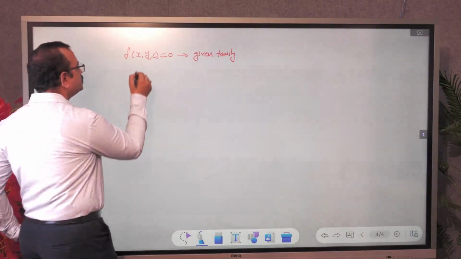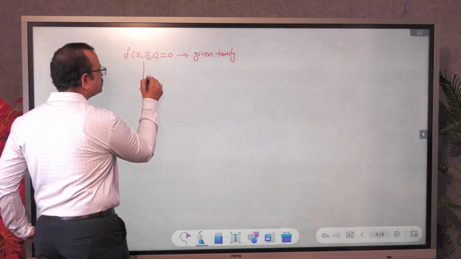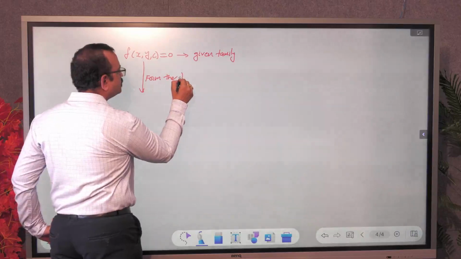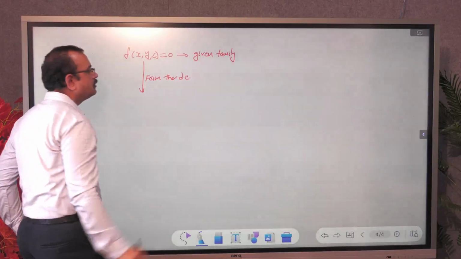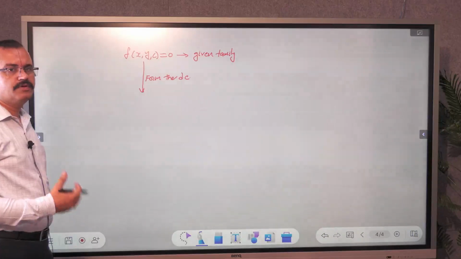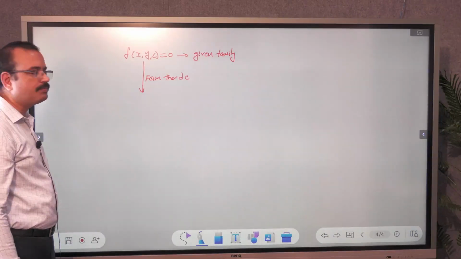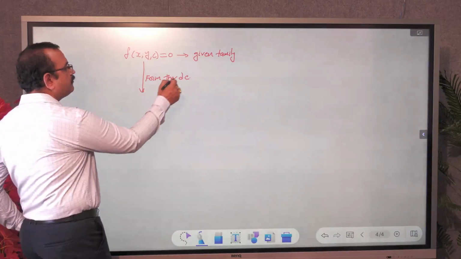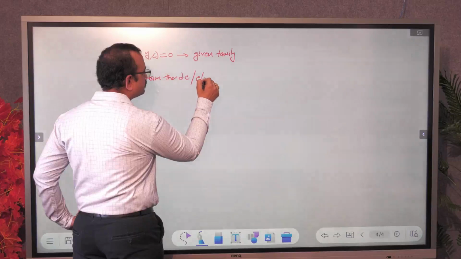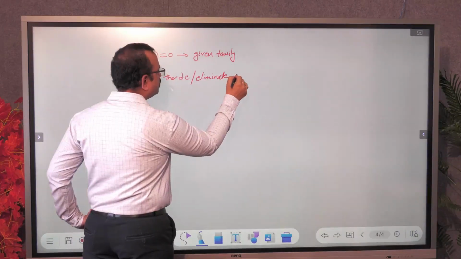Then our first job is to form the differential equation for this. How to form a differential equation for the given family, I think we have studied in your plus one or plus two level: form the differential equation, in other words, eliminate C, the arbitrary constant.